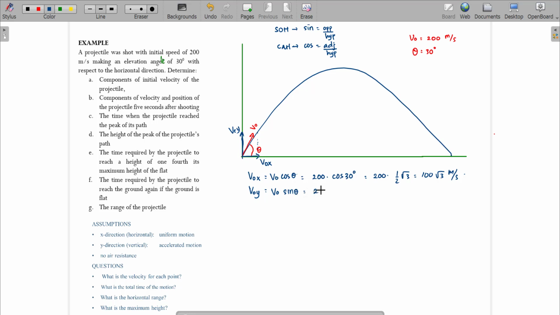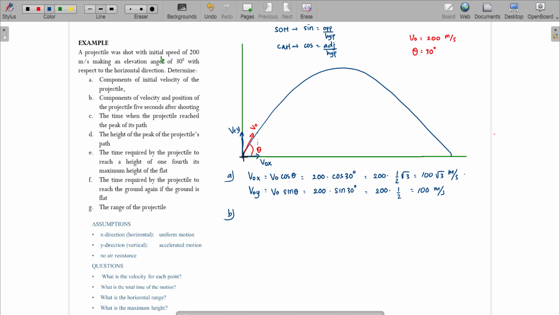Initial velocity is 200, and sin of 30 degrees is half. So the result is 200 times half, equals 100 meters per second. So you have the answer for the components of initial velocity, point A.